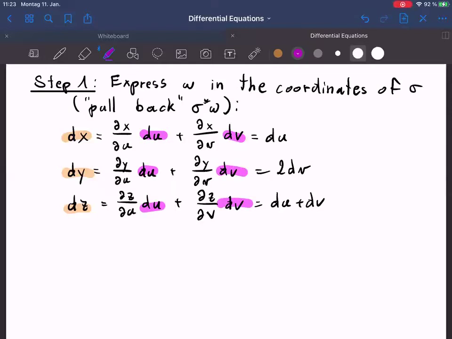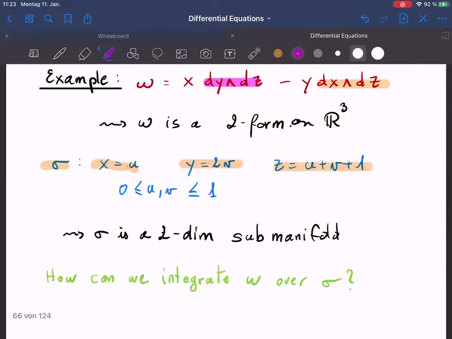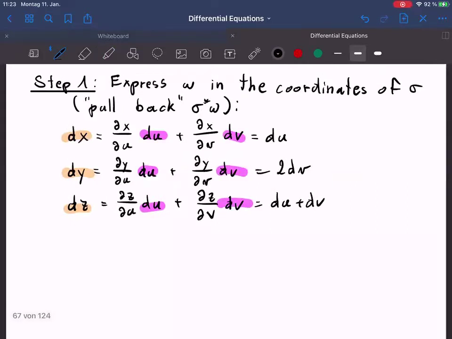What is dx over du? Well, we had x equals u here, so dx over du is just 1. What is dx over dv? Well, x was equal to u, so dx over dv is 0. So dx is just du. And now you go on like this, and you get dx, dy, dz as a linear combination of du and dv.